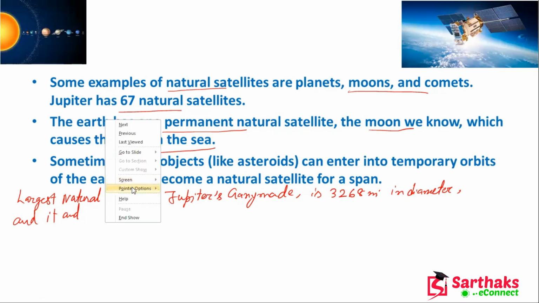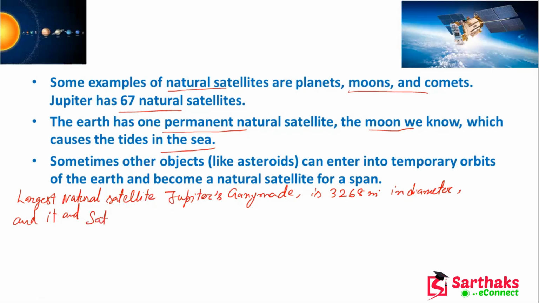It and Saturn's Titan are both larger than the planet Mercury, and in comparison to that, some satellites are quite small.